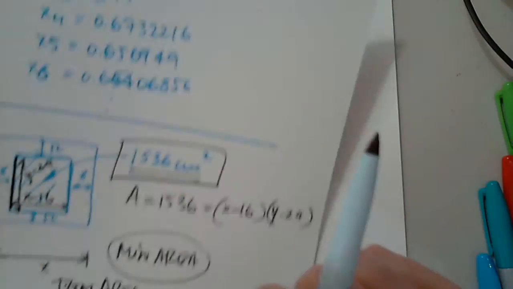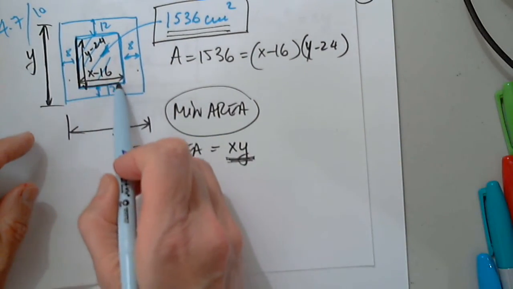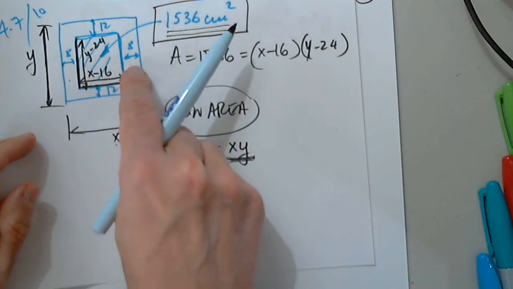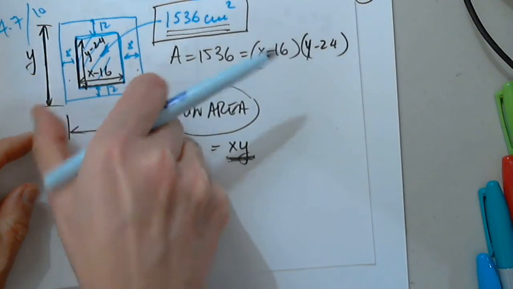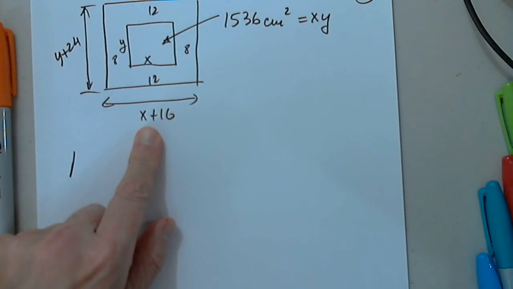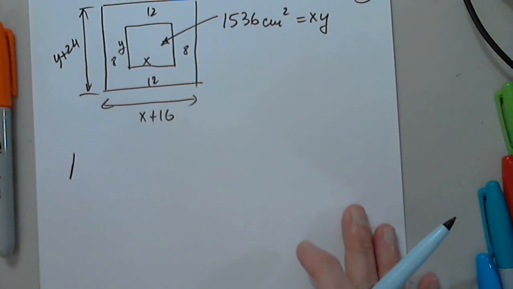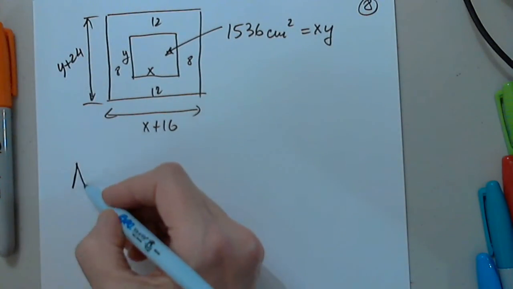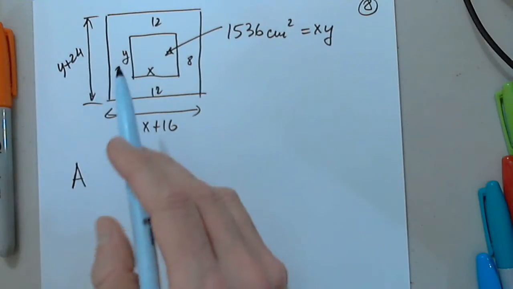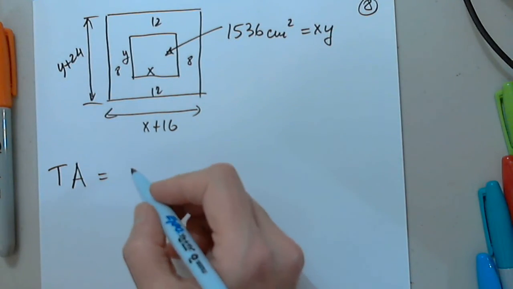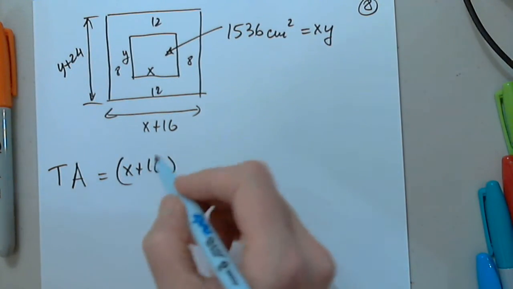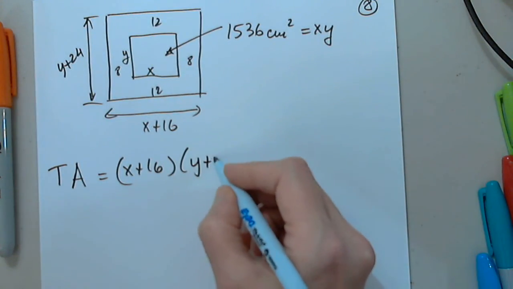Then I'm going to denote this by X, and X plus 8 plus 8 will be X plus 16. Is that okay? Yeah. So now the total area is X plus 16 multiplied by Y plus 24.